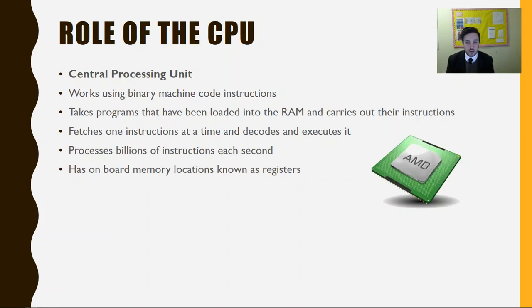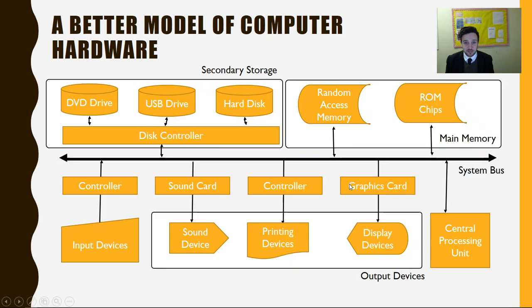It takes the programs that have been loaded into RAM from the secondary memory and carries out their instructions. It fetches one instruction at a time, decodes it, and executes it. That cycle is called the fetch, decode, execute cycle, and it carries out that cycle billions of times every second. It has some onboard memory, and these memory locations are known as registers.